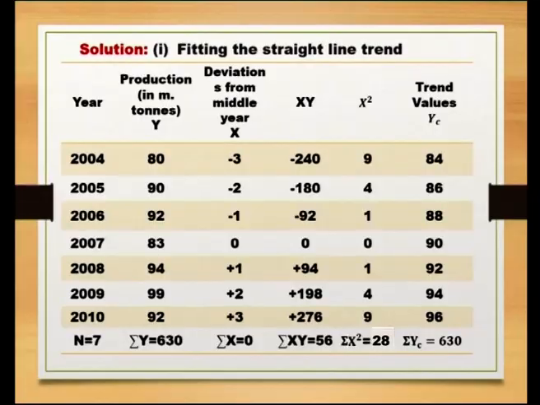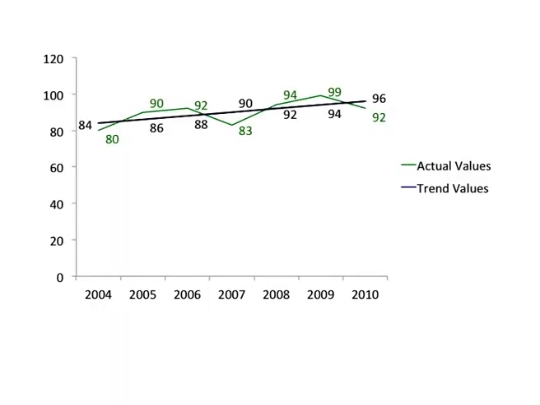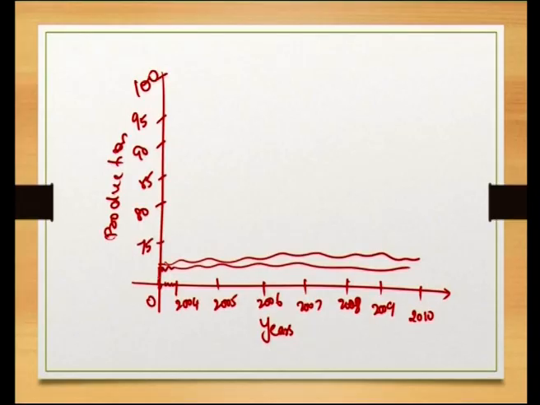Okay. For 2004, the actual value is 80, and the computed value is 84; the axis reads 75, 80, 85, 90, 95, 100. So corresponding to the first value, 80 is the actual value, and 84 is the trend value. 80 we should plot here, and 84 is somewhere here, which is plotted here.